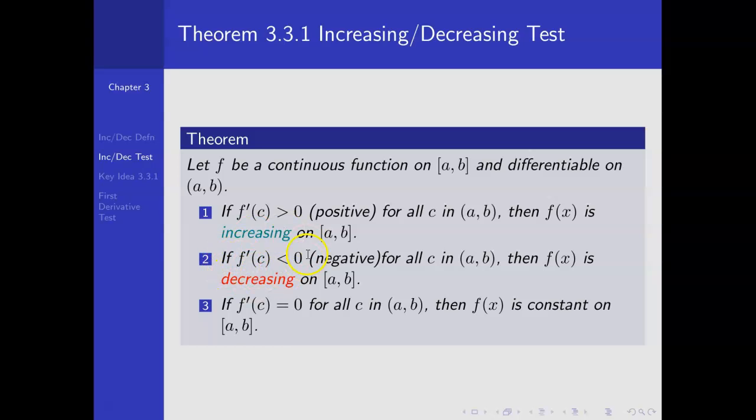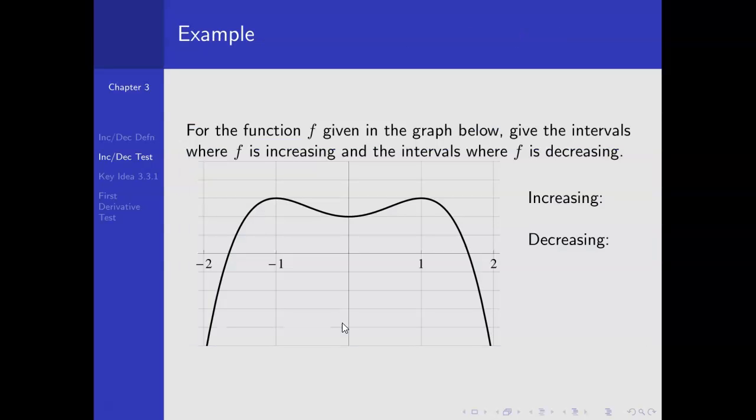If the derivative is negative, less than 0 on that interval, then the function is decreasing. And if it's always 0 on that interval, then the function is constant. And we're going to apply the increasing-decreasing test in order to figure out what happens with the graph of a function if what we know is the definition of the function. But first, we're going to look at a couple of examples.